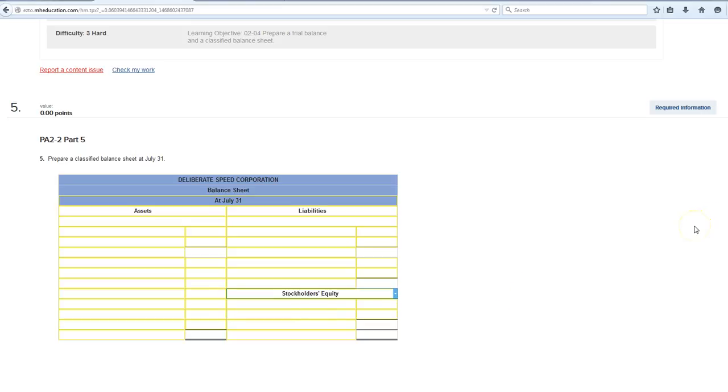Okay, now the classifications on a balance sheet are 2 types of assets and then 2 types of liabilities. We have current assets and non-current assets. We always list current assets first. Current assets are cash, or those that will be turned into cash or used up within the course of 1 year.